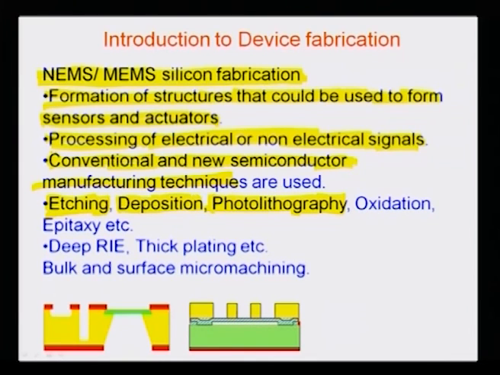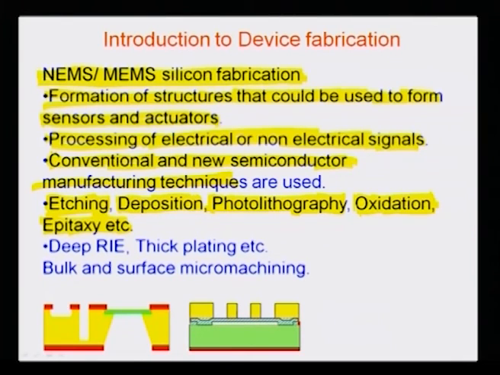And then you can use a variety of other processes like oxidation, epitaxy, etc. For example, epitaxy would be used for growth of single crystal silicon, or oxidation, as a matter of fact, is a thermal process whereby you can entrap oxygen in silicon, and at the cost of silicon you can get a layer of silicon oxide or silicon dioxide.